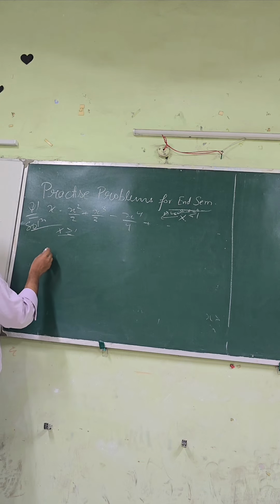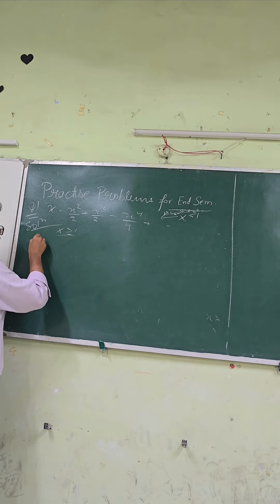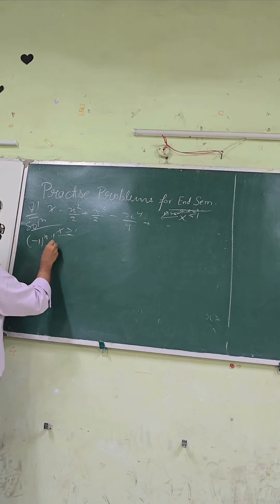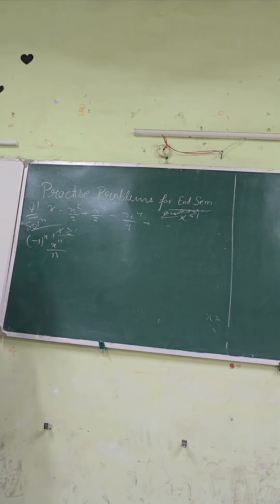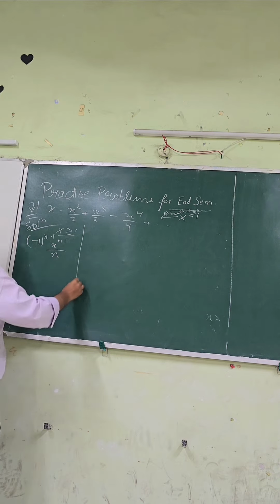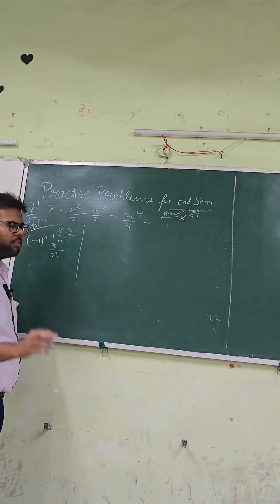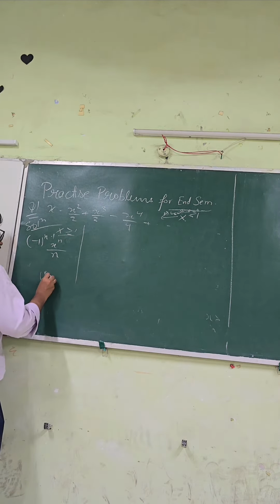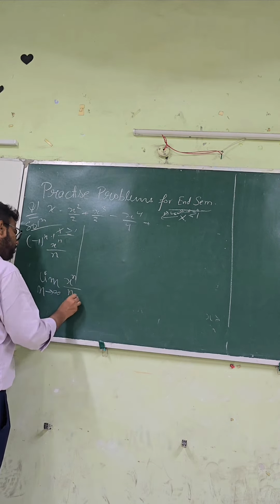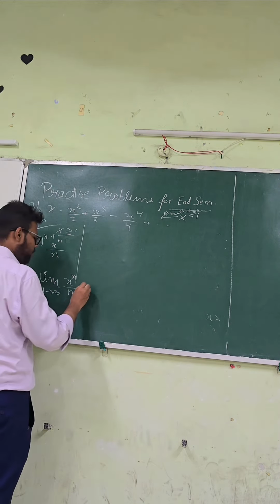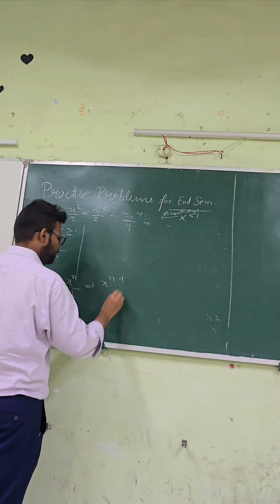It is again equal to negative 1 to the power n minus 1 times x to the power n by n, right? This is the thing. So what is the last term? We have to check now. The limit as n tends towards infinity of x to the power n by n, right? You differentiate, you get x to the power n minus 1.